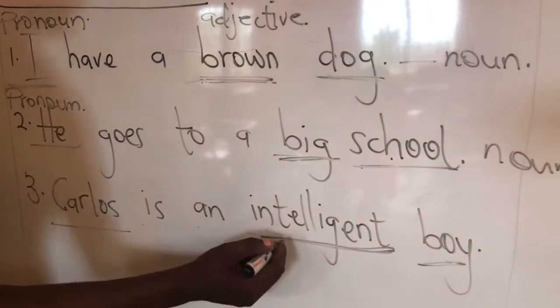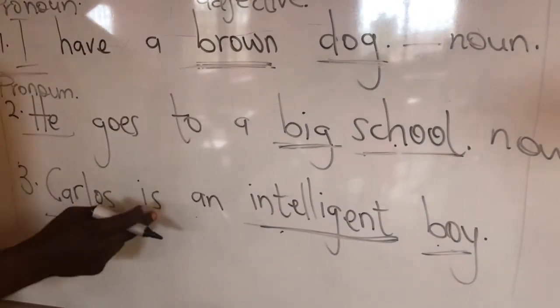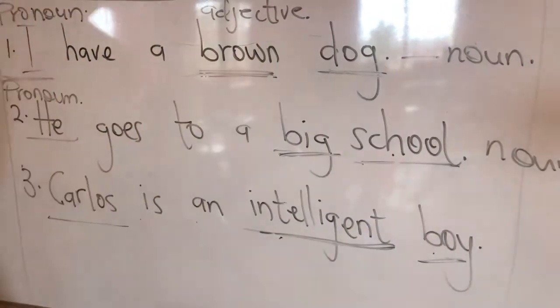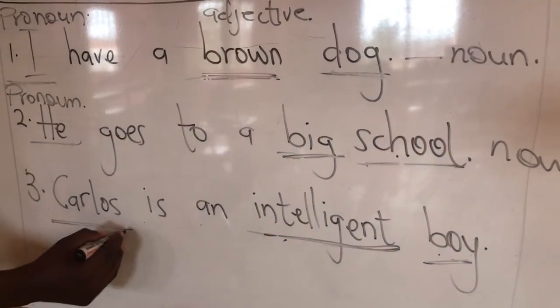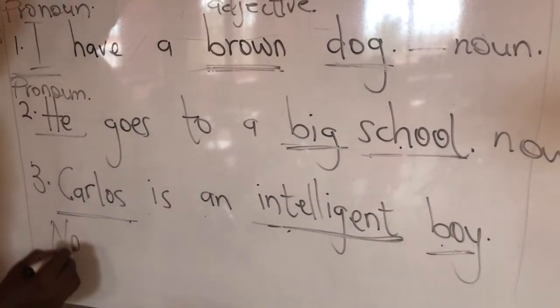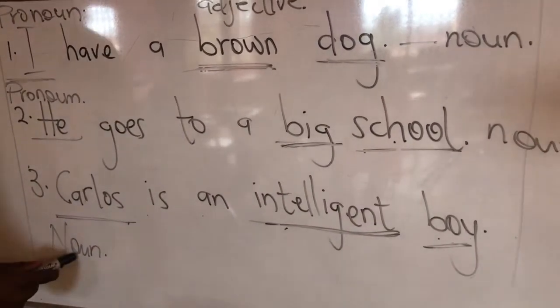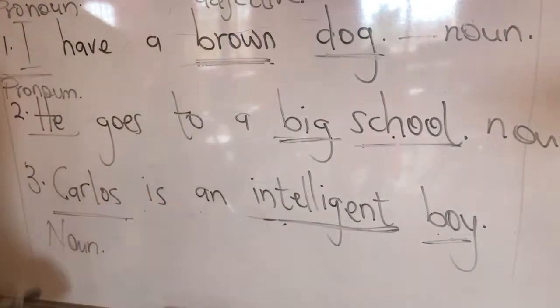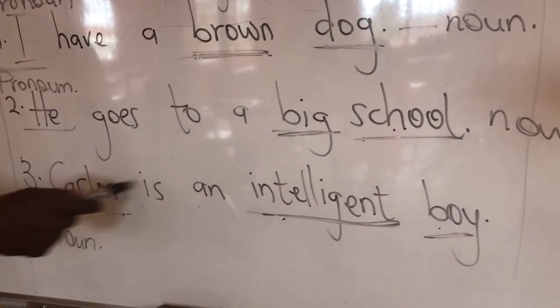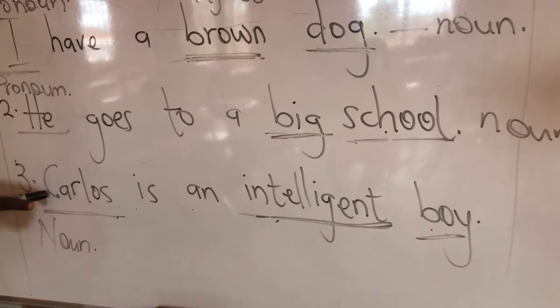Carlos is an intelligent boy. What is Carlos in this sentence? Carlos is a noun, and intelligent is describing who Carlos is.